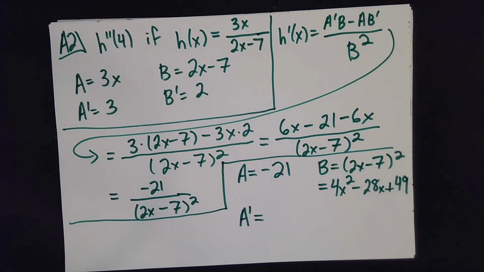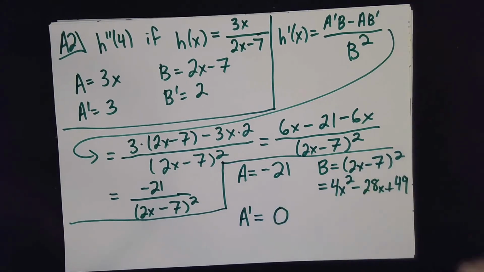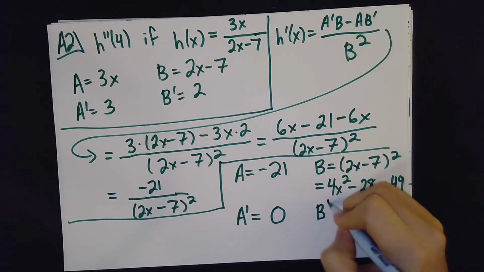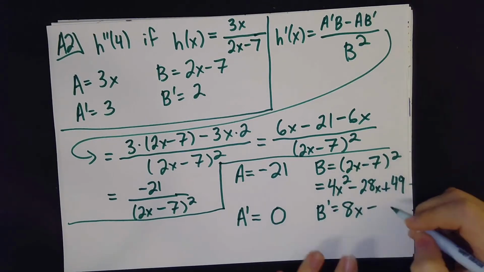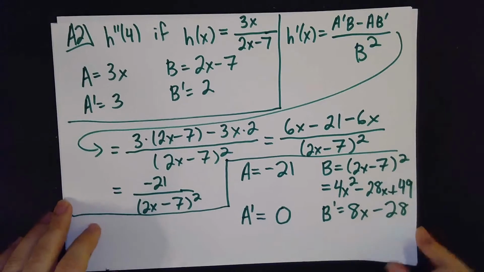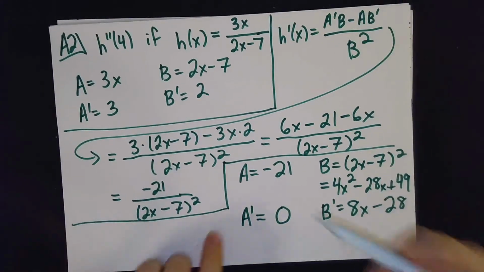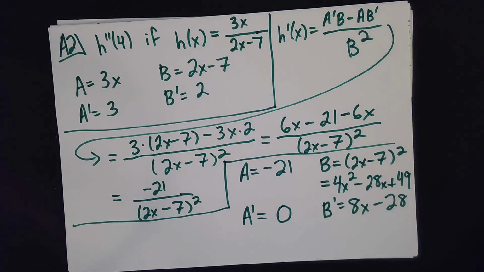So my a prime here is 0. My b prime here is 8x minus 28. Note the derivative of minus 21 is 0, so when you actually take the derivative of the numerator, you will actually get 0.